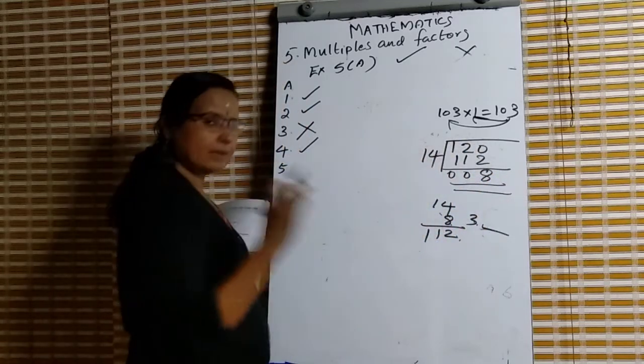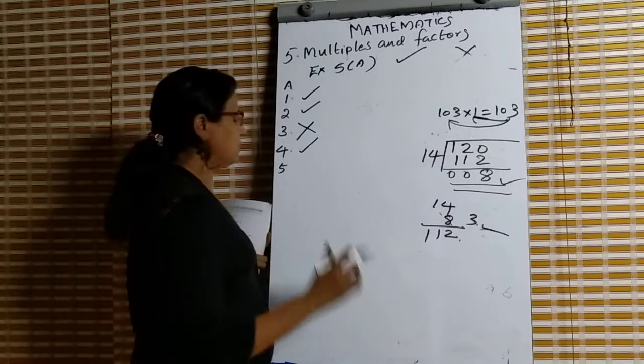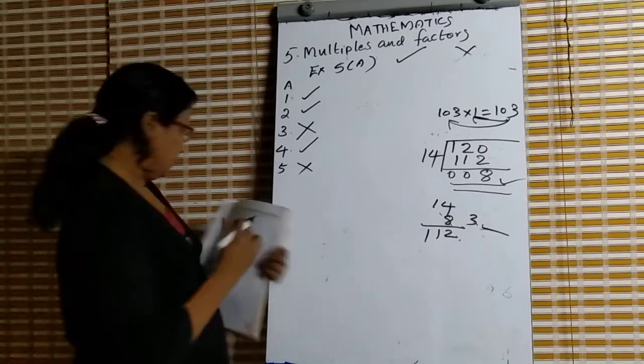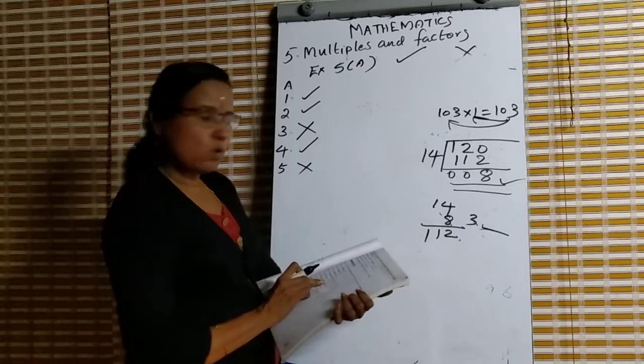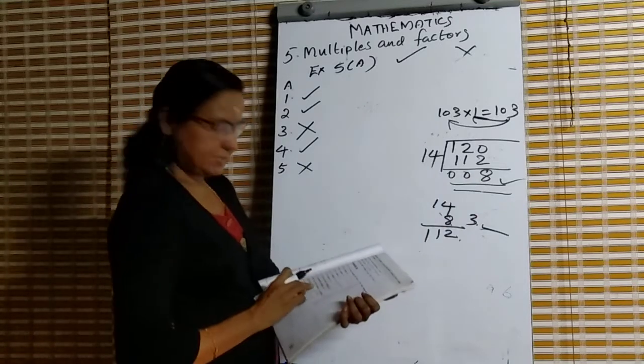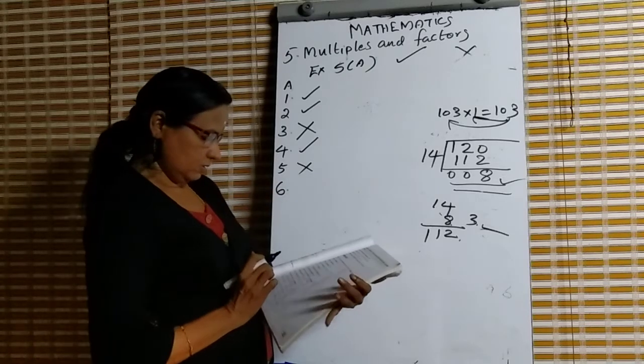When we divide 120 by 14, we get the remainder 8. So the statement 120 is a multiple of 14 is wrong because we have a remainder 8. Then question number 6.